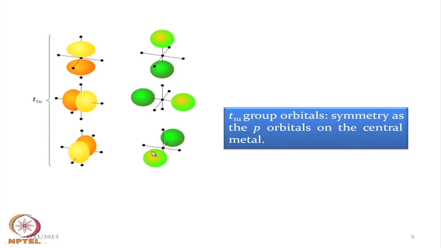If it is an oxygen donor, the oxygen atom of the water molecule, or a nitrogen donor from the big ligand system, or a nitrogen donor from the ammonia molecule, then we all know that this nitrogen and oxygen can nicely provide the corresponding p orbitals for interaction to the metal center.